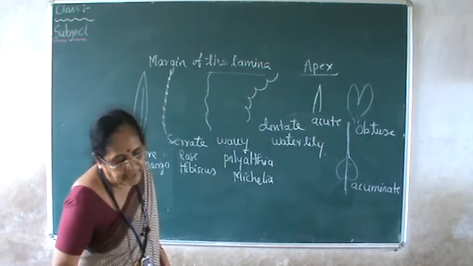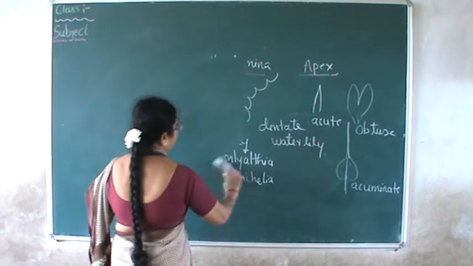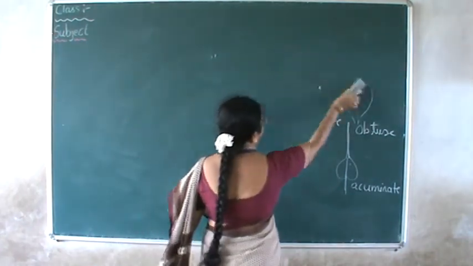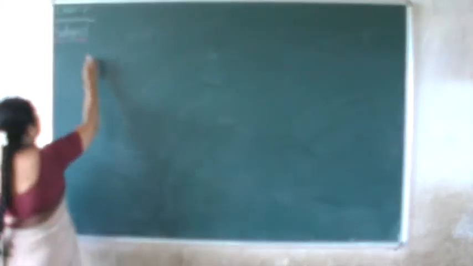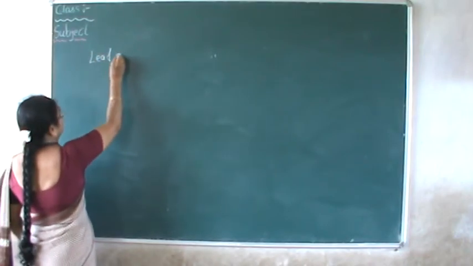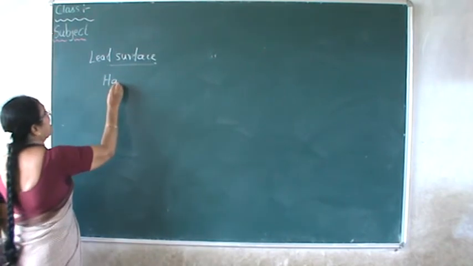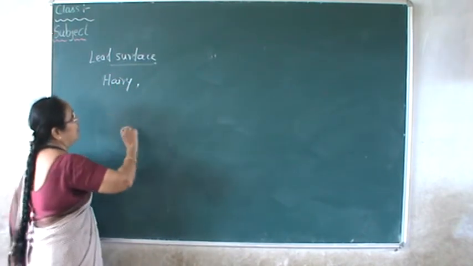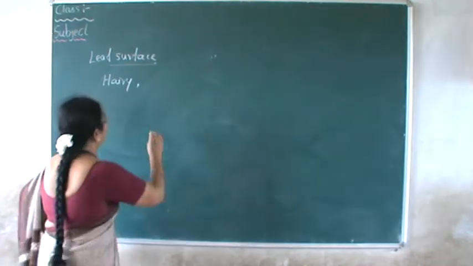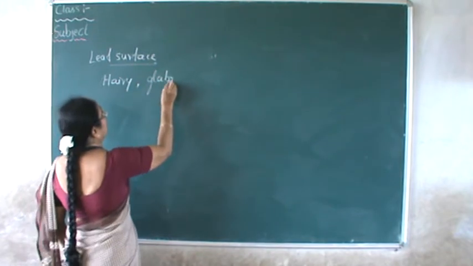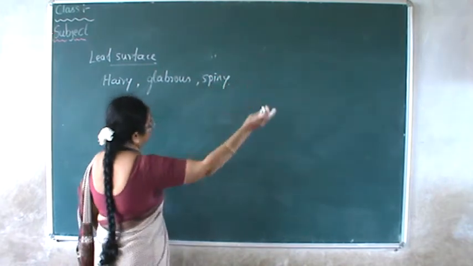Then the next part of description is the surface of the leaf. You have to describe whether it is hairy or glabrous, spiny, and so on.